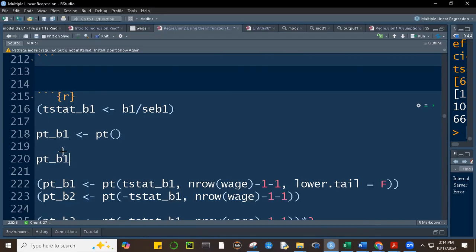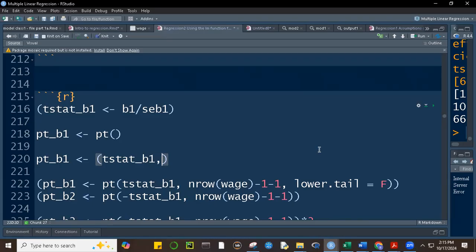Alt minus. So what's first, class? Q. Q is the T-stat. And we created the T-stat, class, diba? T-stat and then underscore B1. Diba this is your 10 point something? This is what we computed a while ago, right?